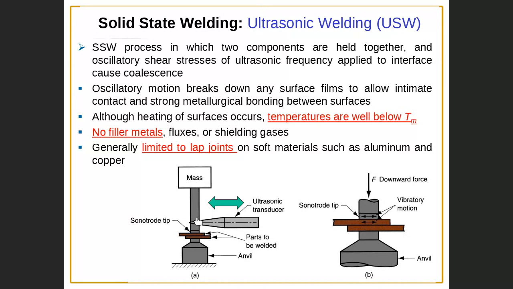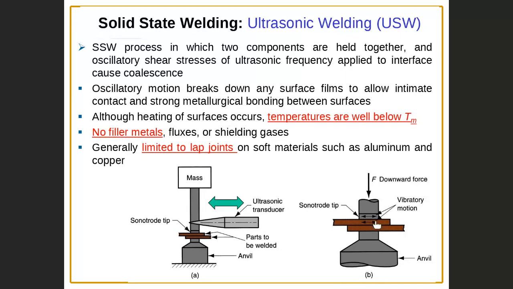We're using ultrasonic, a kind of high frequency signal that we apply, so it vibrates this one. When it vibrates very fast, ultrasonic can vibrate with 20 kilohertz, meaning 20,000 cycles per second. When it goes like here and comes back and goes again, that's one cycle.